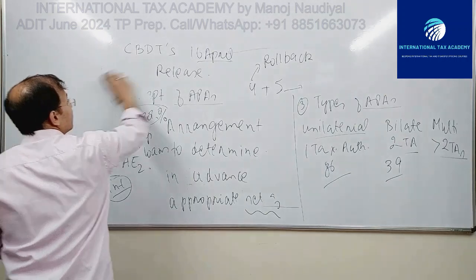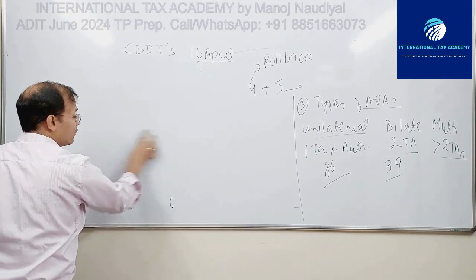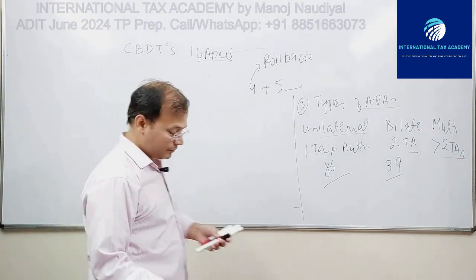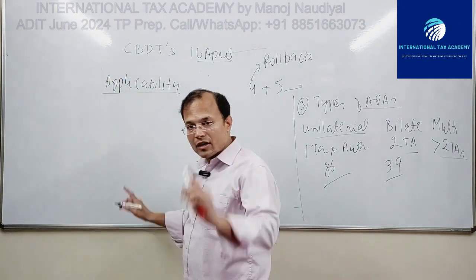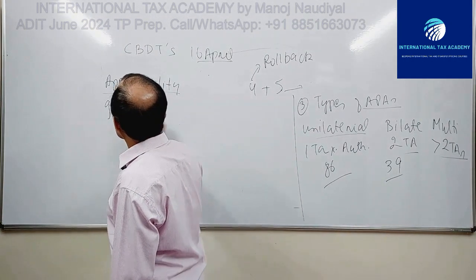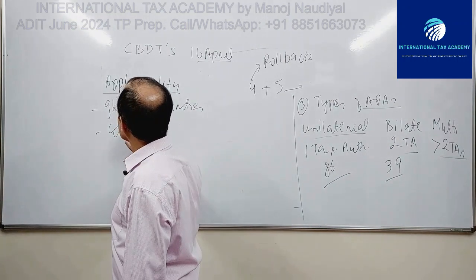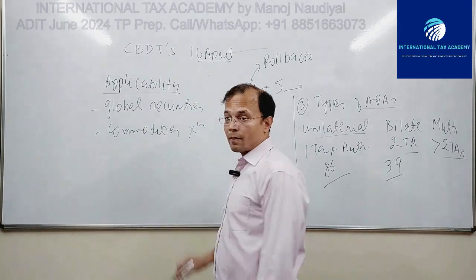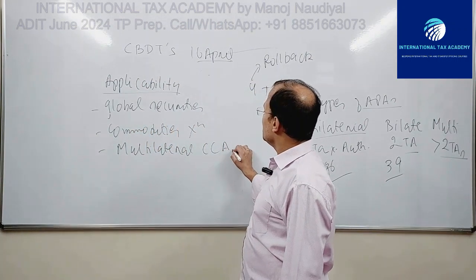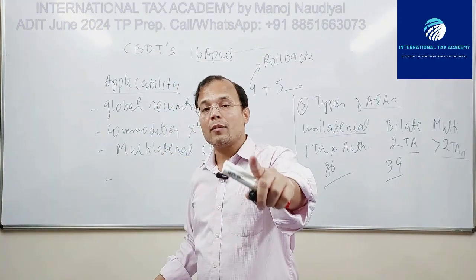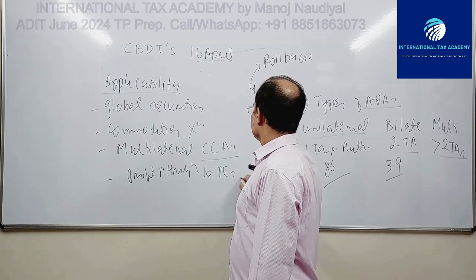APAs can be applied for controlled transactions involving trading of global securities, that is financial securities, commodities transactions, multilateral cost contribution arrangements, CCAs, as well as profit attribution to PEs and other branch operations.